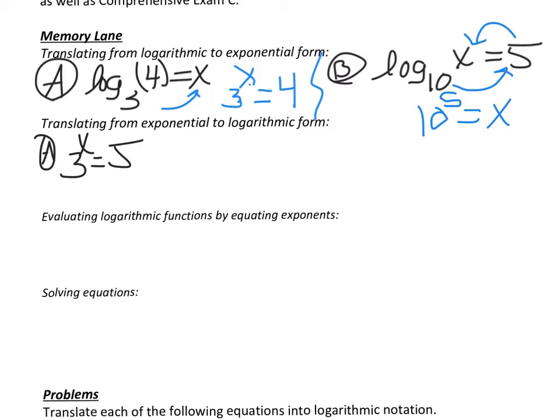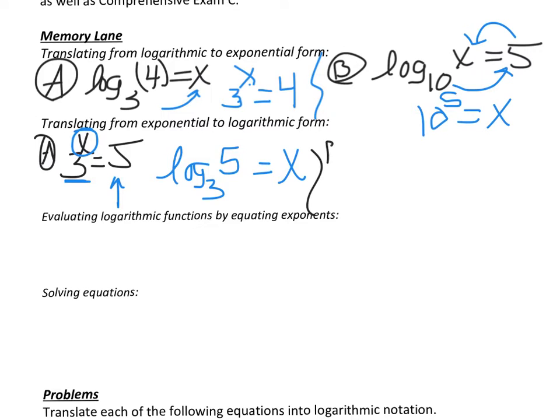And so our only possibility at this point is to convert back to logarithmic form again. So the base is the base of this exponential function. The x is what goes on the other side, and then the 5 is what ends up inside. Puts it right back again.